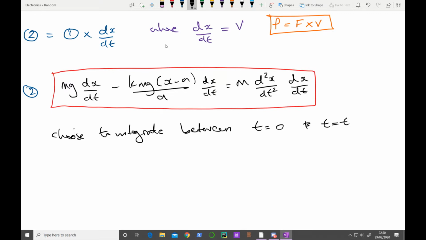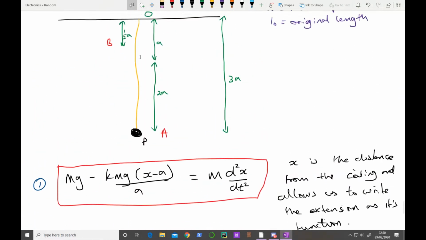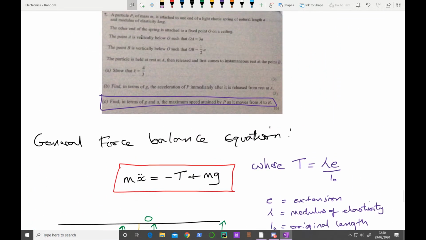And we need to realize that at t equals 0, x equals 3a. So at the beginning of time, if we read the question, the particle is held at rest at A, where A is a distance 3a from the ceiling. So x equals 3a.